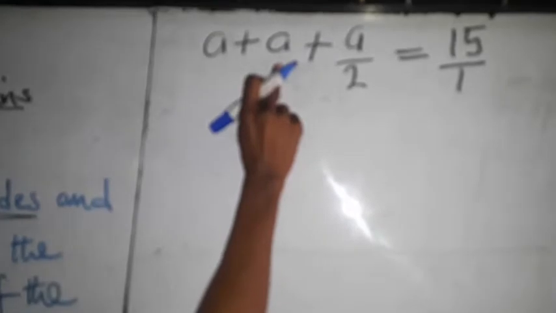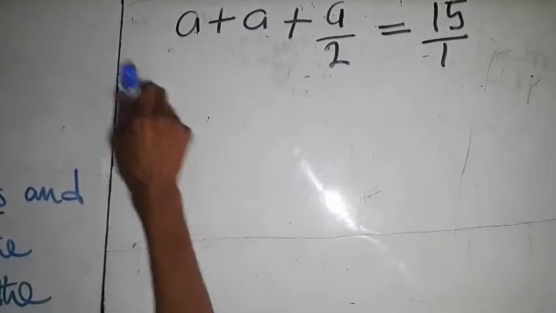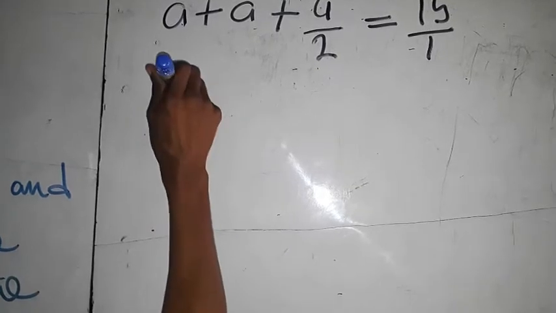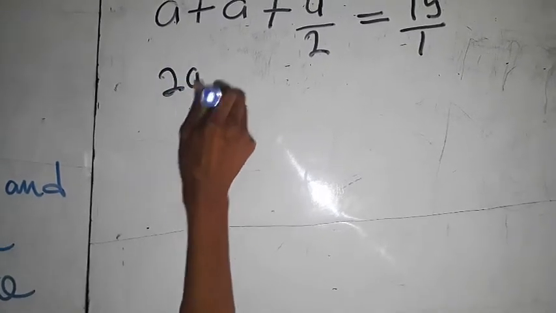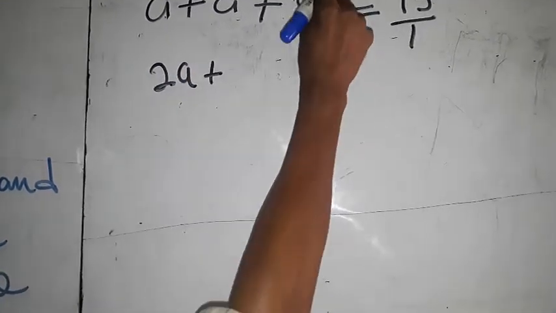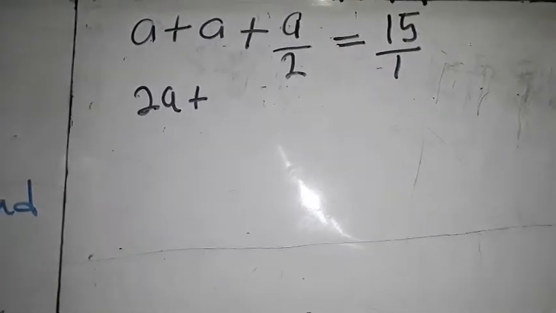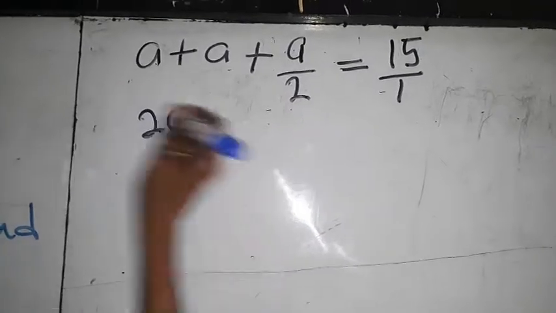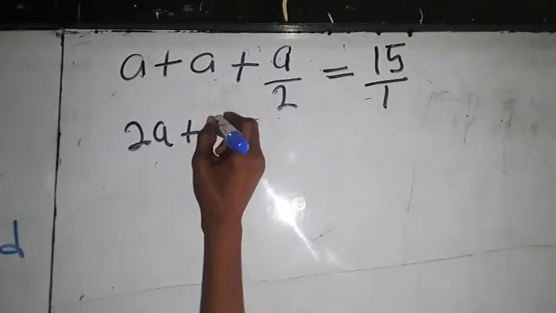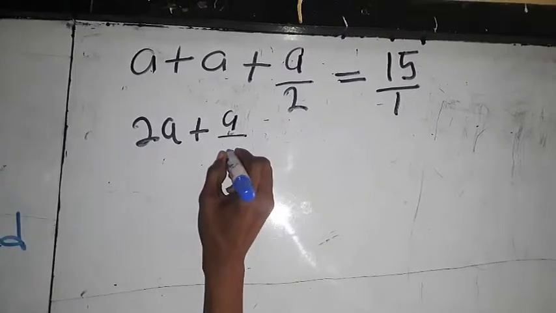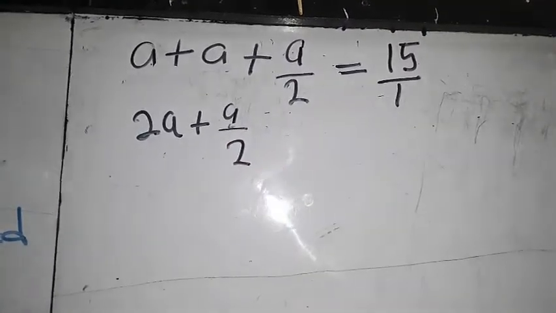A plus A is going to be that one. We are looking for the length of the 2 sides first. A plus A is going to be 2A plus A over 2, which is supposed to be the length for the short side. It's divided by 2 because it's a half. So A all over 2.